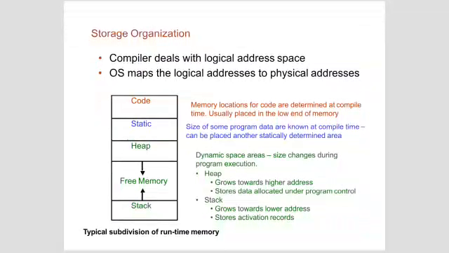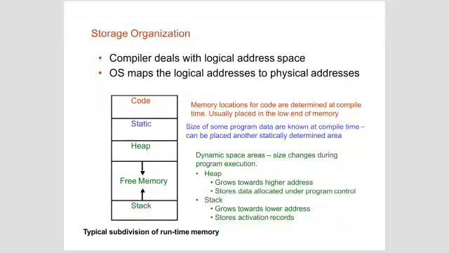The location of static data is determined at compile time. The size of some program data is known at compile time and can be placed in another statically determined area. Next, that is heap. This is the dynamic space area, whose size changes during program execution.